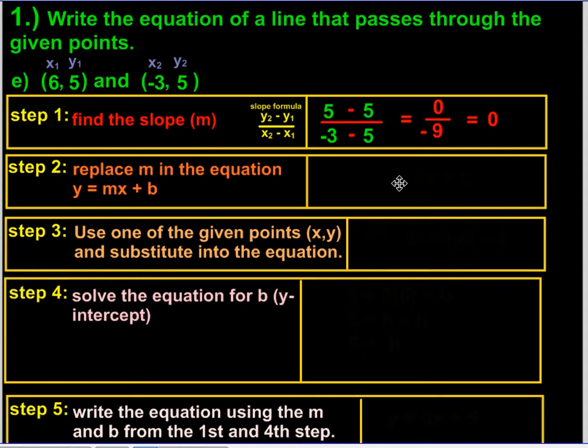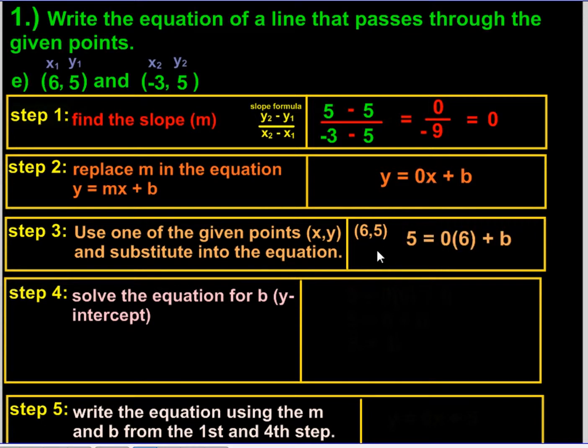I then replace m, the slope, so I have y equals 0x plus b. I then am going to use the coordinates (6, 5) and replace the y and the x in this equation.